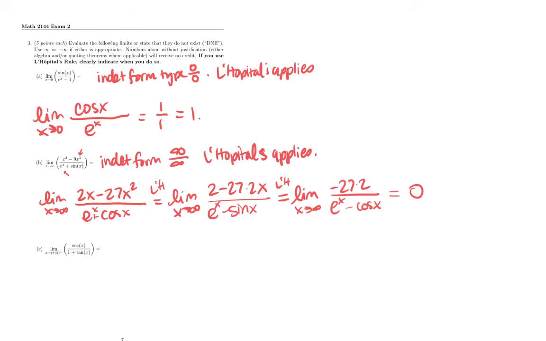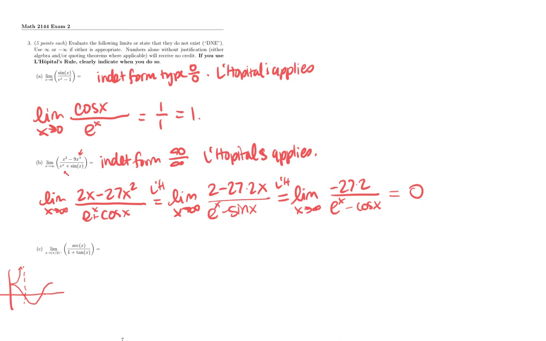Okay, for the next one, I'm looking for the limit as x goes to pi over 2 from the right-hand side. And so secant of pi over 2, let's see, secant is the flip of cosine. So if I think about what's happening at pi over 2, since cosine goes through 0 at pi over 2, secant of pi over 2 goes off to positive infinity.